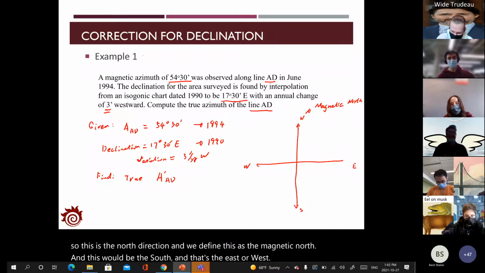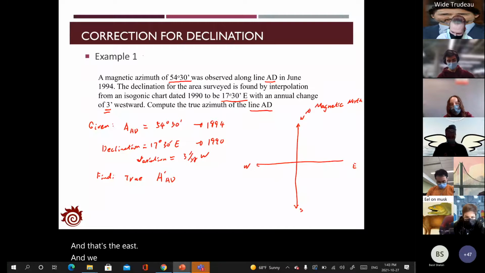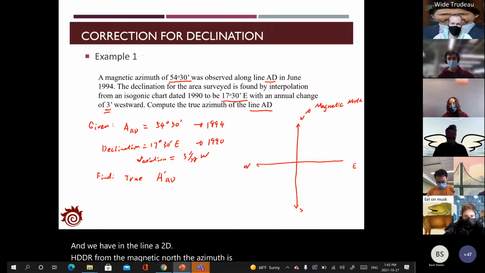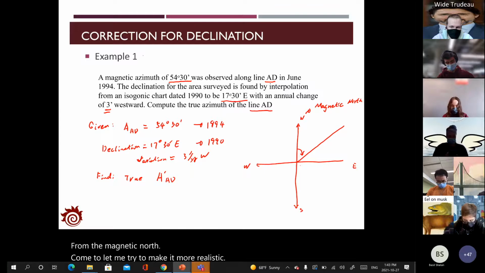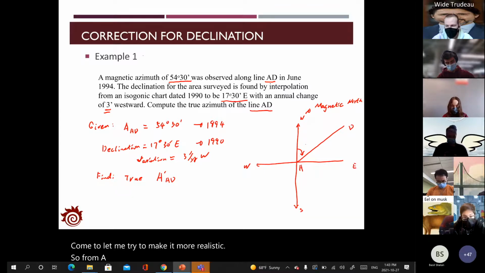And we have the line A to D. From the magnetic north, the azimuth of A to D is 54 degrees 30 minutes. Let me try to make it more realistic. So from A to D, the angle is 54 degrees 30 minutes. This is the azimuth that we measured.